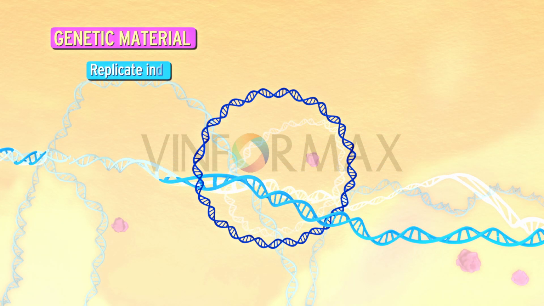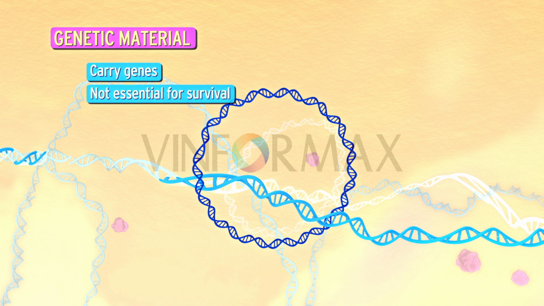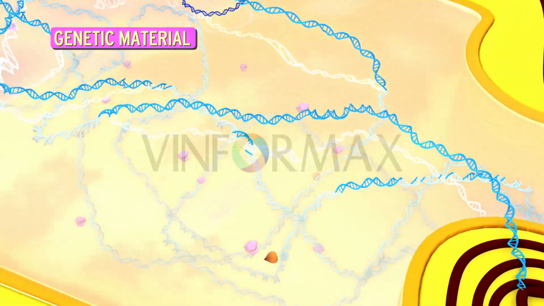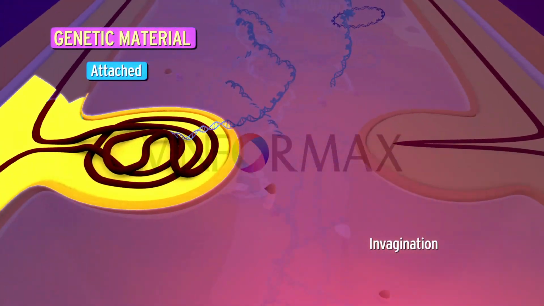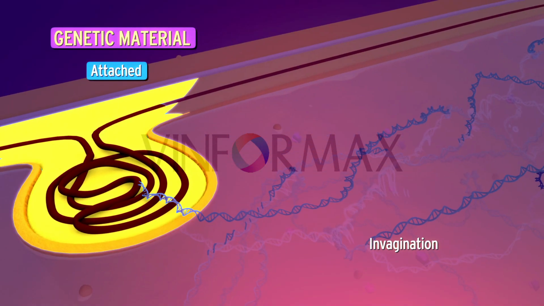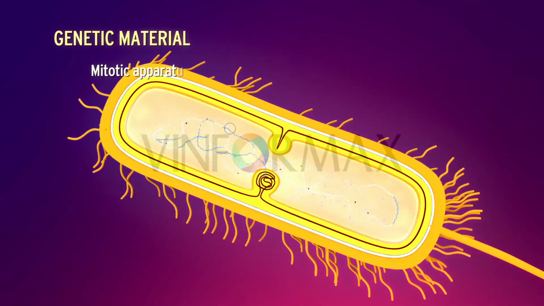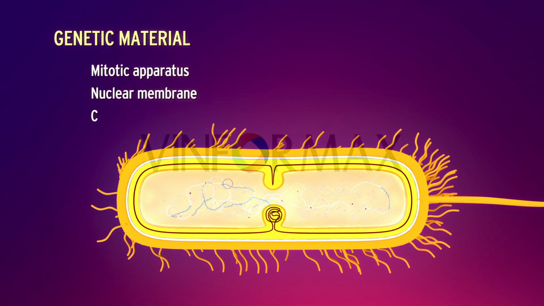Plasmids replicate independently of the chromosome and carry genes that are not essential for cell survival, but may give some advantage to an organism. The chromosome is attached to an invagination of the cytoplasmic membrane called mesosome. Mitotic apparatus and nuclear membrane are completely lacking.